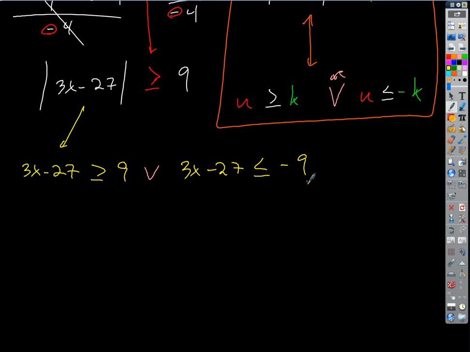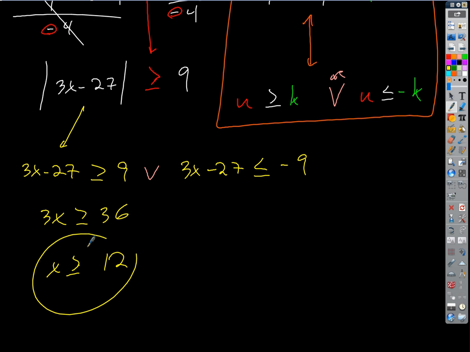All I've got to do is solve those. That's no big deal. Just add 27 and divide by 3, right? If I add 27, I get 3x is greater than or equal to 36. Divide by 3, x is greater than or equal to 12. So there's one possibility.